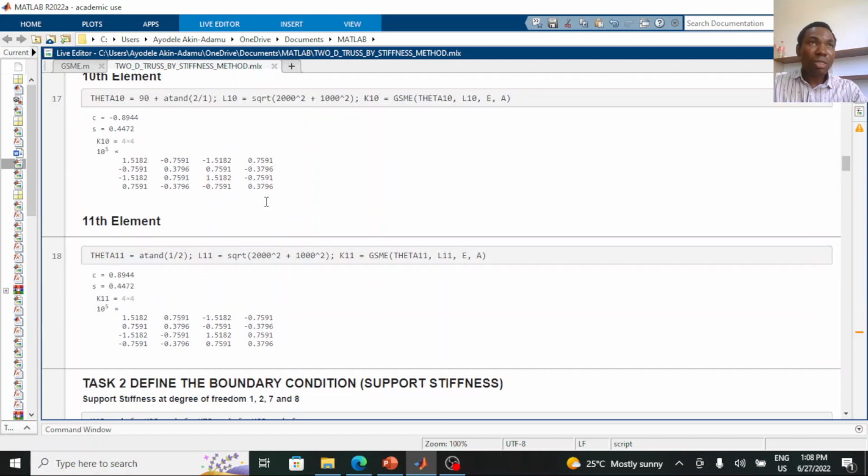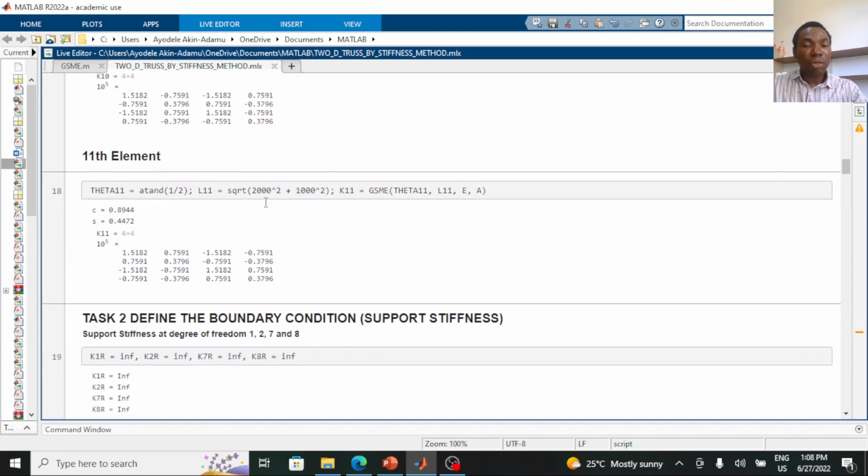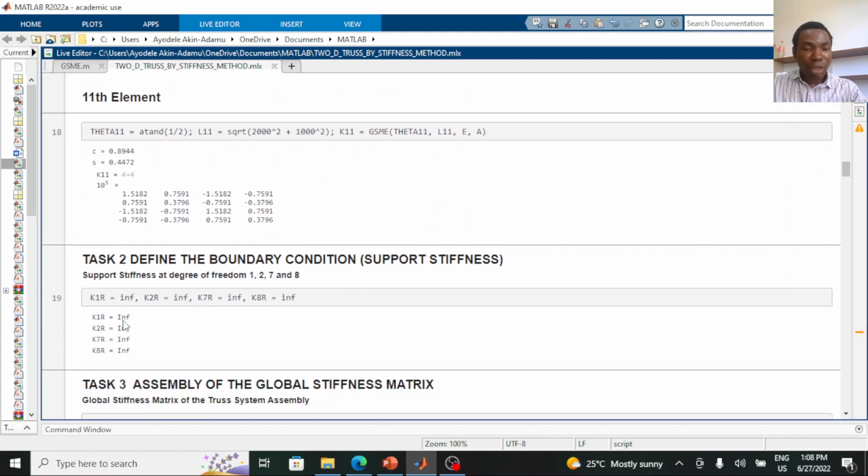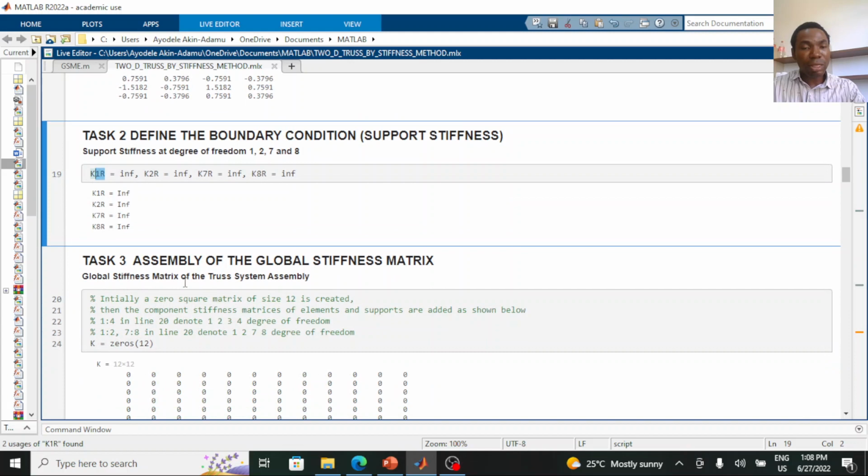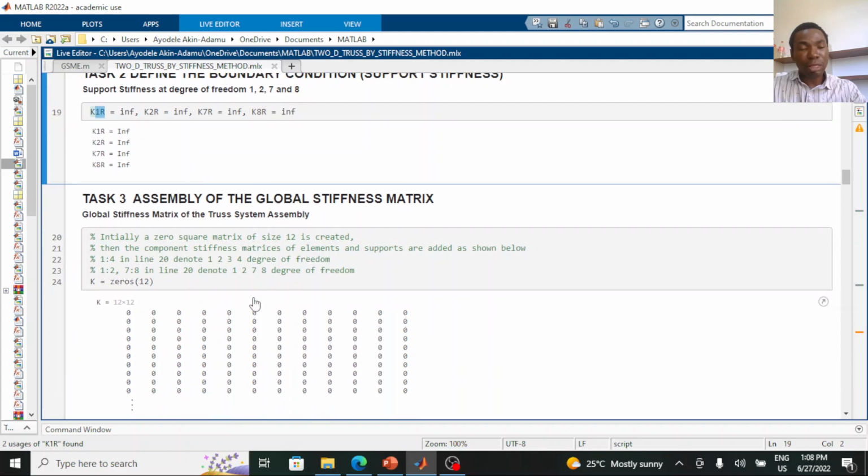That's why I define K1R, K2R, K7R, K8R as infinity. I'll add these values to the diagonal elements of the global stiffness matrix after I've assembled the global stiffness matrix with the local stiffness matrices.